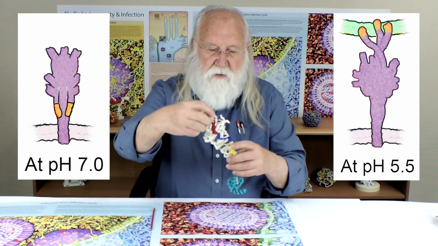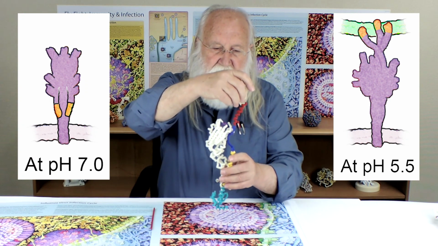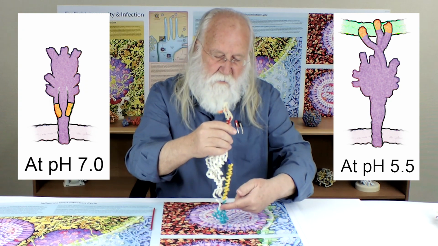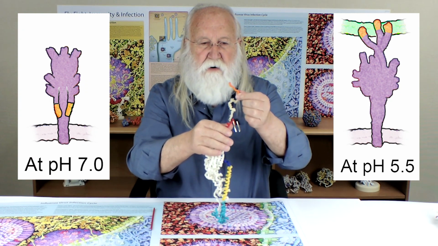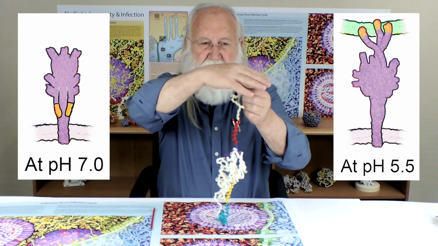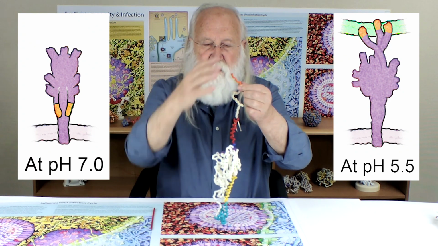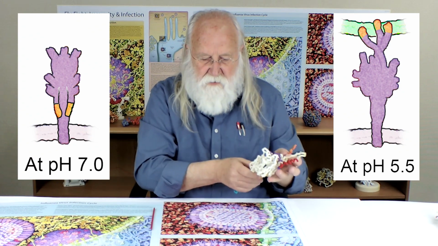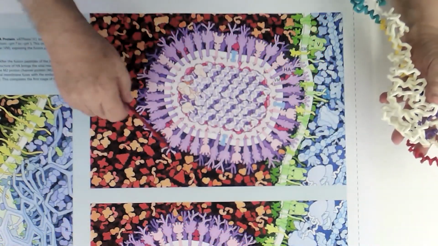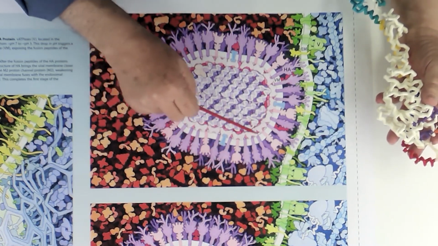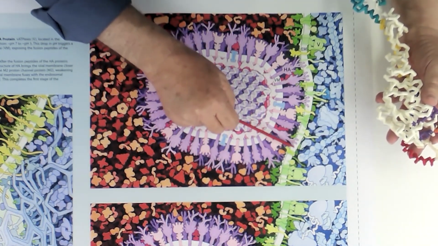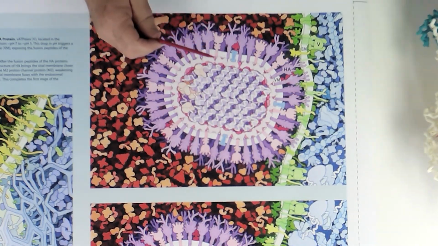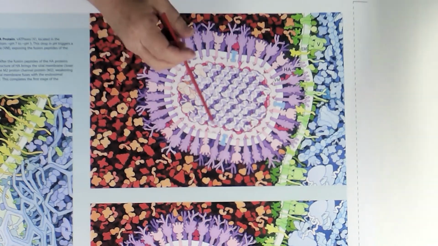That actually coils up into an alpha helix, which has the effect of lifting this fusion peptide from way down here to way up here, where it can now harpoon, embed itself in the cell membrane up here. And that's happening not just once, but with the other 2 subunits, which is why in David's figure you see these 3 fingers or arms extending up, having buried their fusion peptides into this cell membrane.